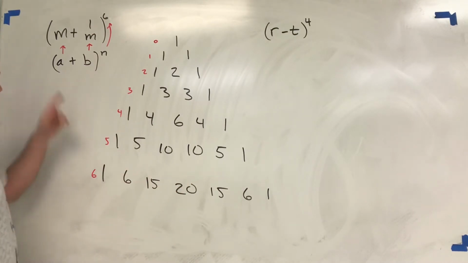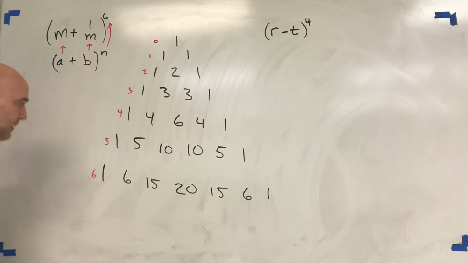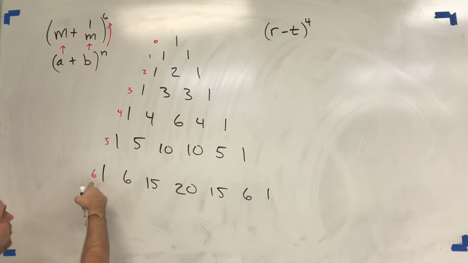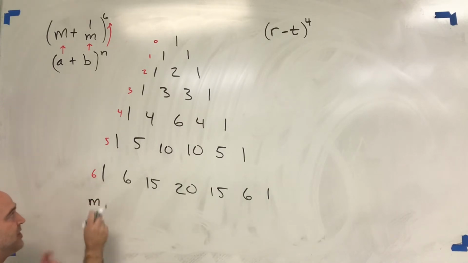So a is m, b is that one choose m idea. These are our coefficients. Our a is m, and the powers always add up to be 6. The powers have to add up to be 6.